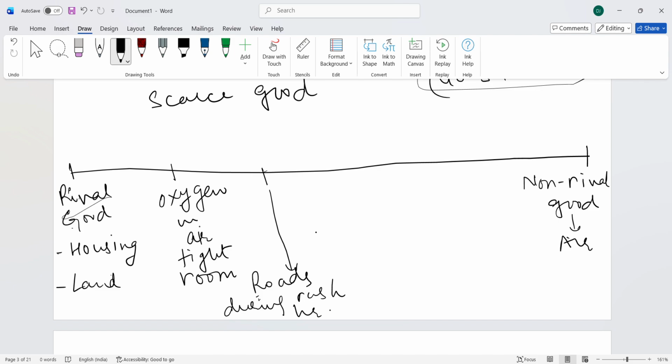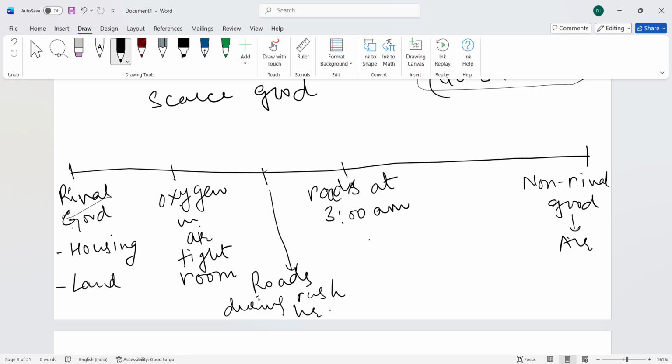So during rush hour, it's really a scarcity and a rival good. The less rival case would be roads at 3 a.m. The roads are pretty deserted, so you can freely drive on them.